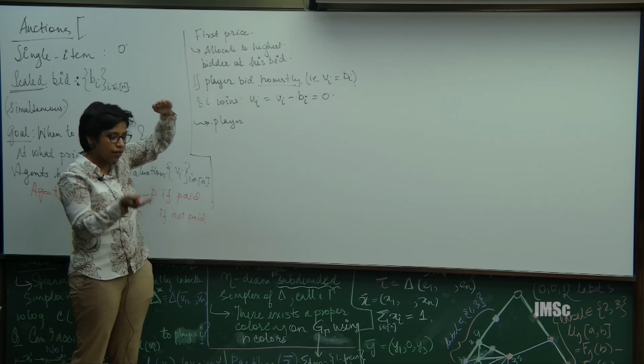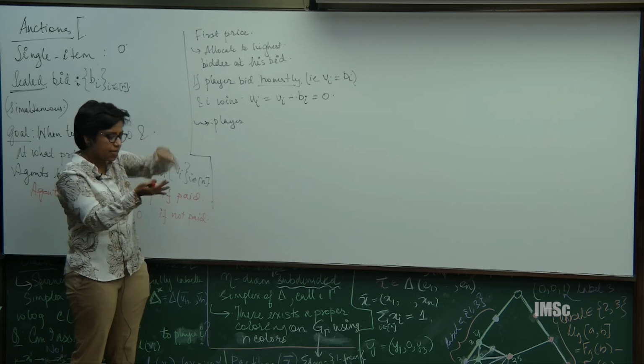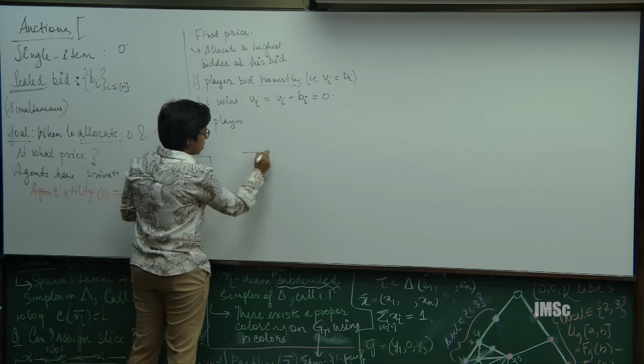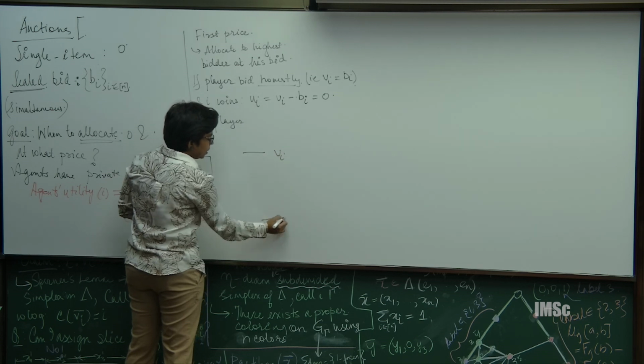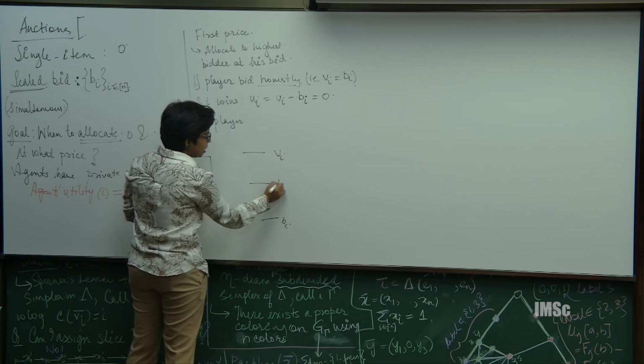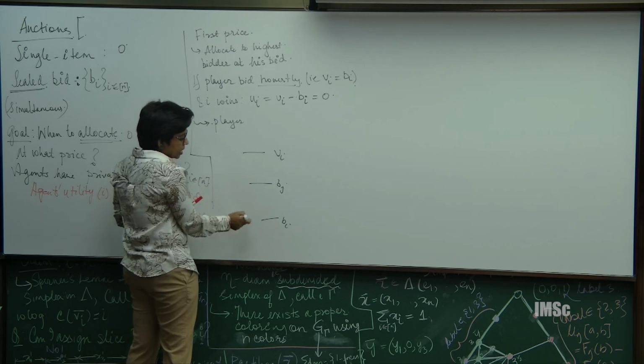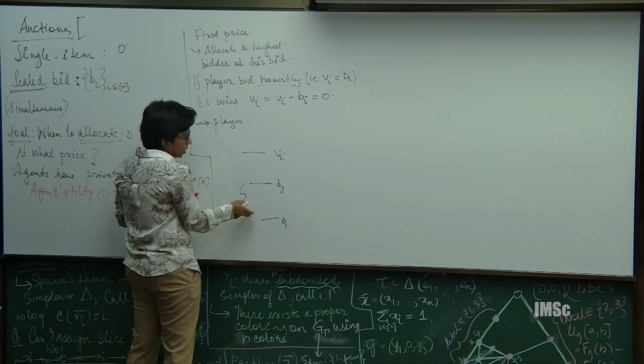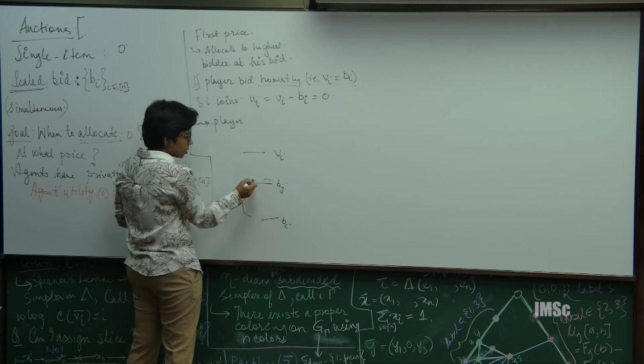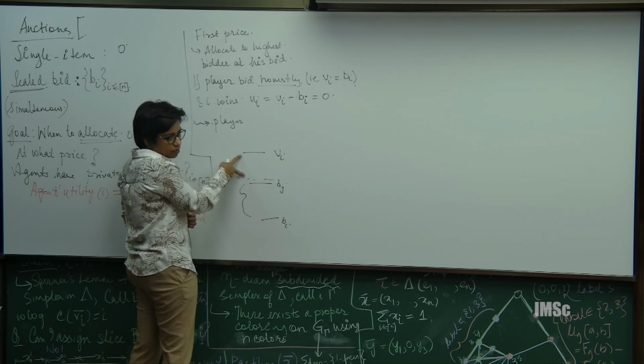This was my Vi, I bid Bi here, somebody bids Bj here, so they win. Problem is, I really could have bid this much higher and still made a profit.